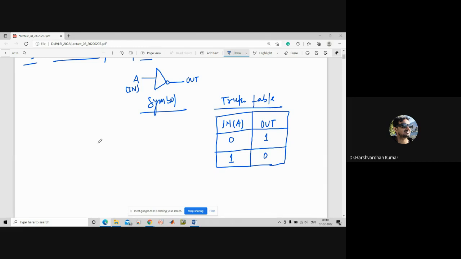And we know very well that for any MOS transistor there are mostly four terminals: gate, source, drain, and body. We will neglect the body, because we always connect the body to ground, or zero potential.